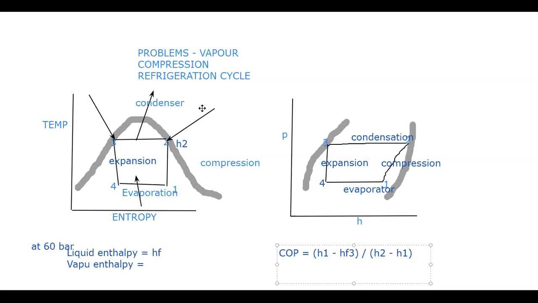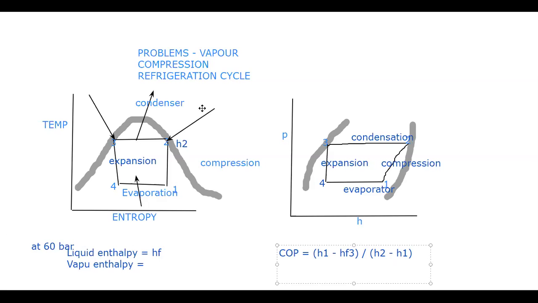In the TS diagram, entropy from 1 to 2 is constant, therefore I am equating the entropies from 1 to 2. Because he has already given the entropies, you simply substitute those entropies at points 1 and 2. From that equation you will get X1.